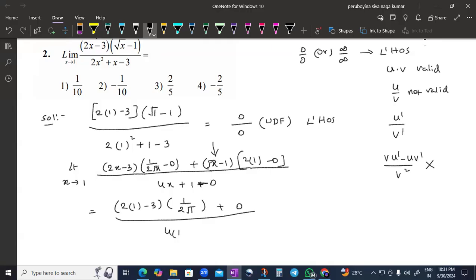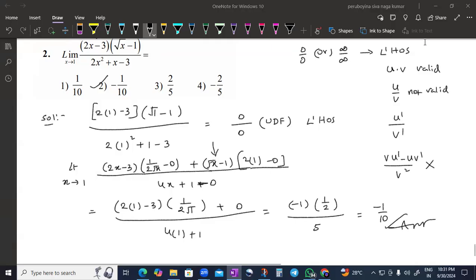In the denominator it is 4 into 1 plus 1. 2 ones are 2, minus 3 is minus 1, into 1 by 2. 4 ones are 4, plus 1 is 5. So minus 1 by 10. Second option is correct.